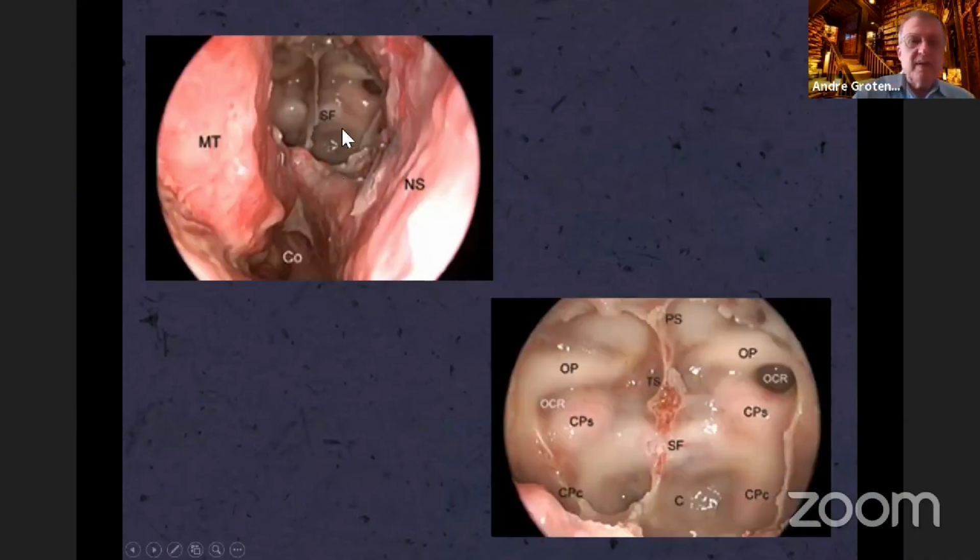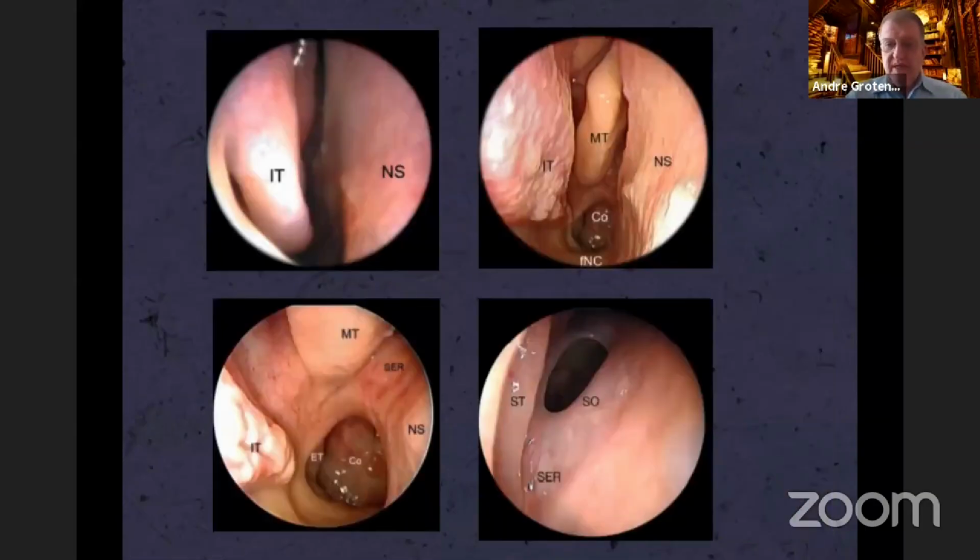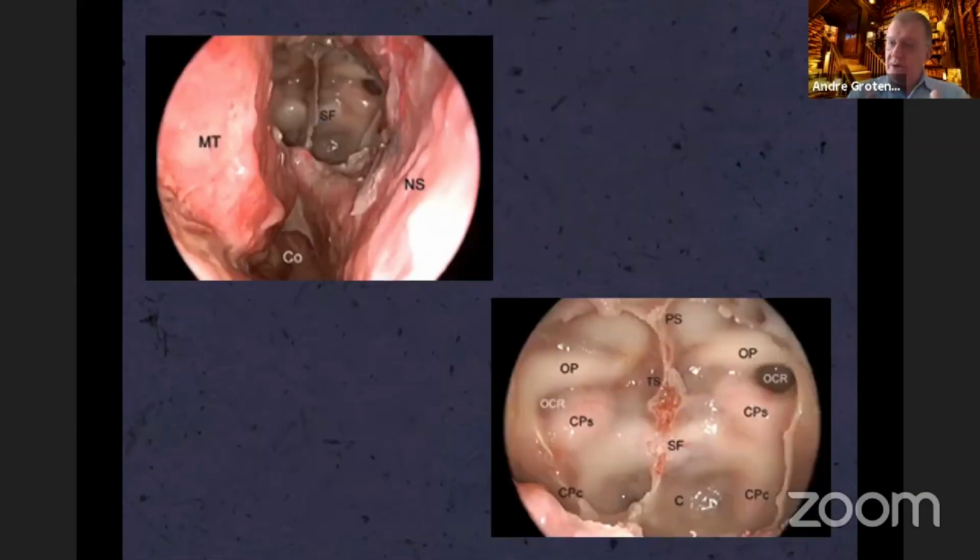So if you look on the left side here, so middle turbinate again, of course this is enlarged, the ostium is enlarged. Actually, the ostium that you saw in the previous image is only very small, but it is in fact way larger. It's just moving the mucosa down, you have a longitudinal ostium. But if you enlarge this, you come into the sphenoid sinus.